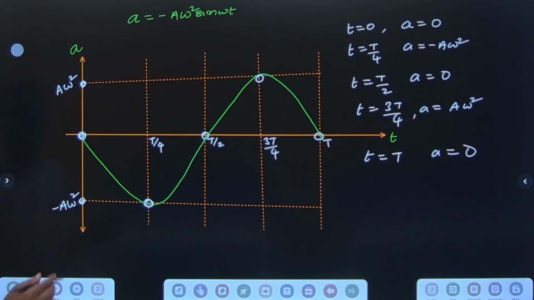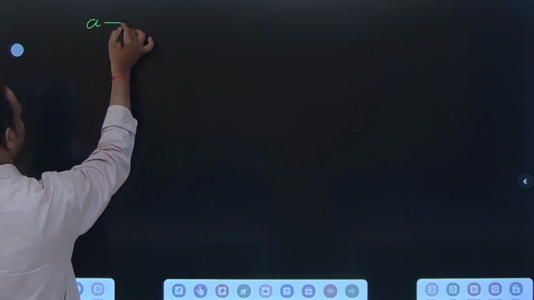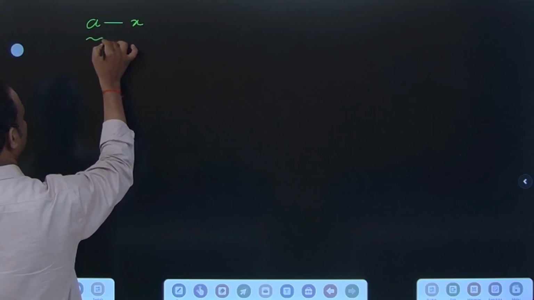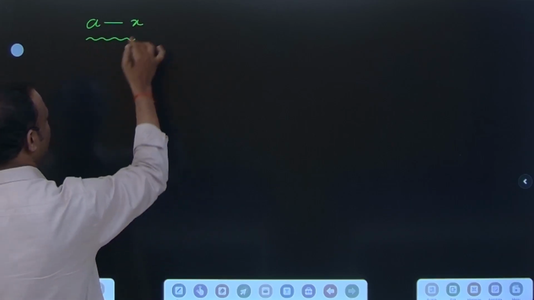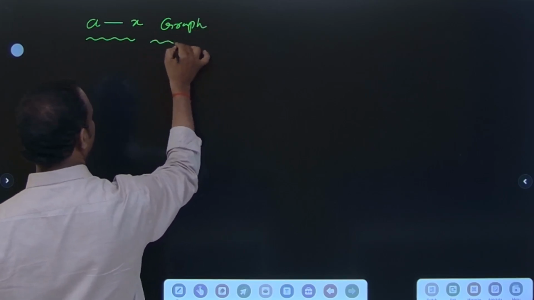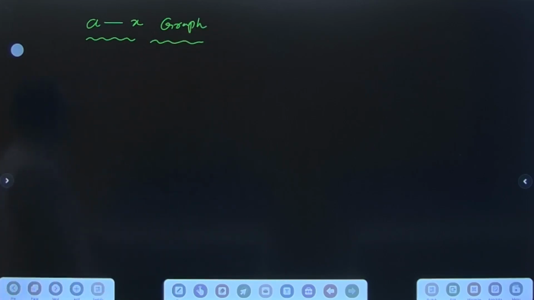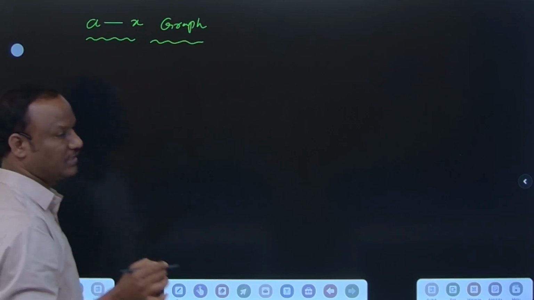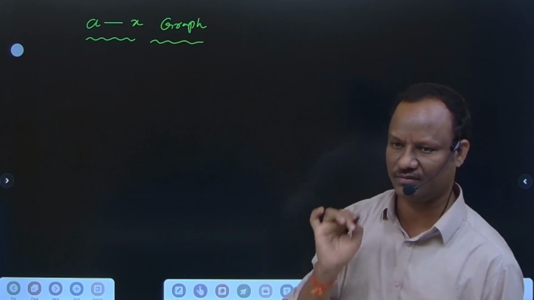Now one more question: draw the graph between acceleration versus position. What is the formula for acceleration as a function of position?